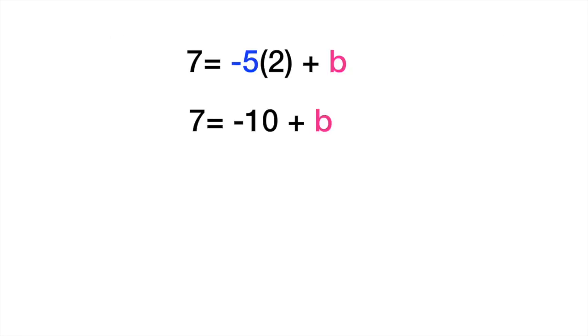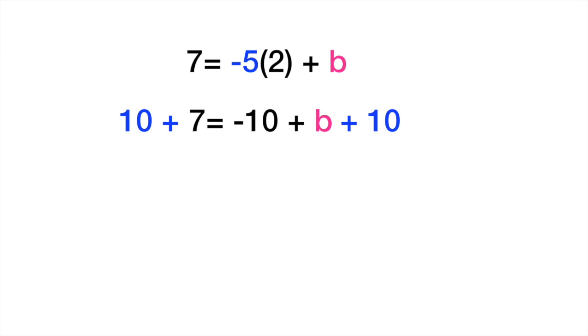And when you solve this equation, you end up with 7 is equal to minus 10 plus b. What do you have to do now? Well, you have to isolate that letter b, and the way that you do it is that you add 10 to the right side and 10 to the left side. Why do you do that?